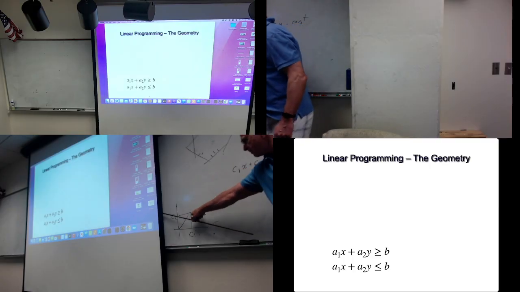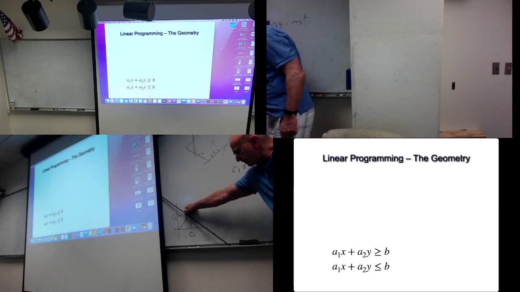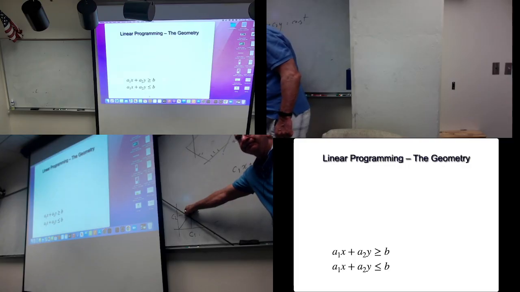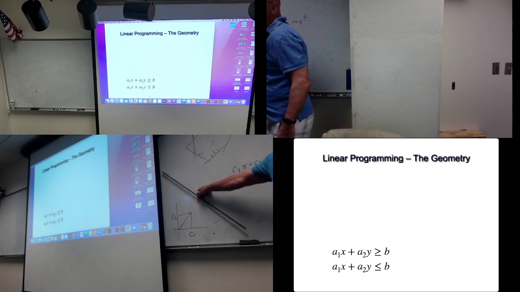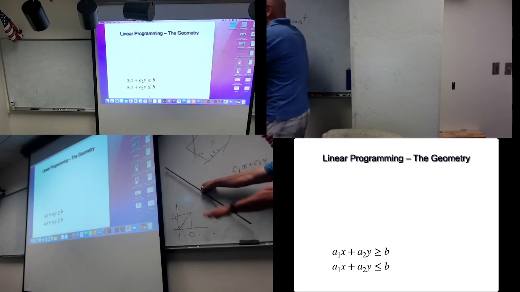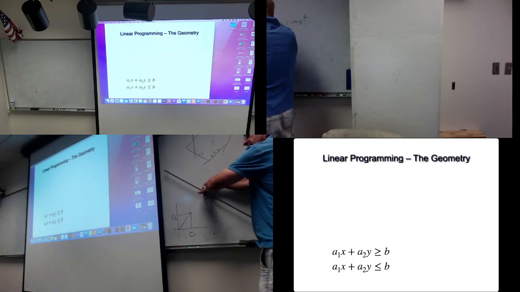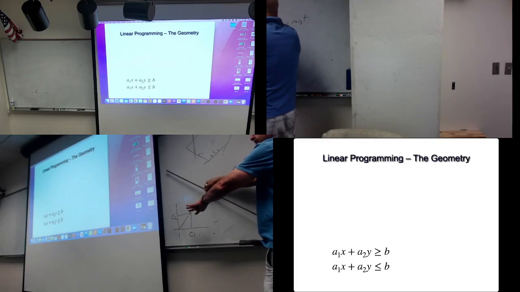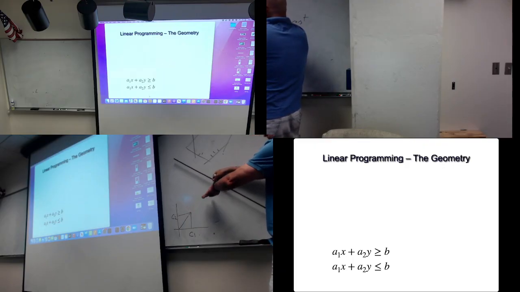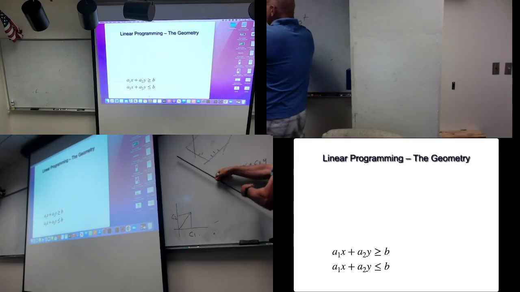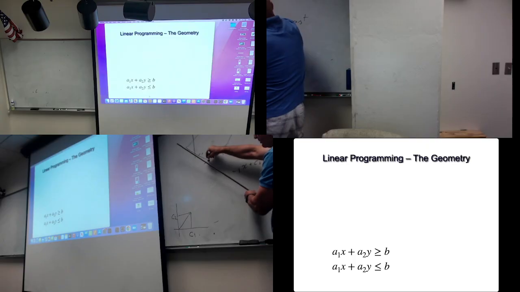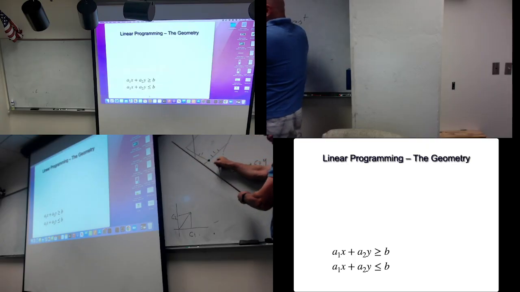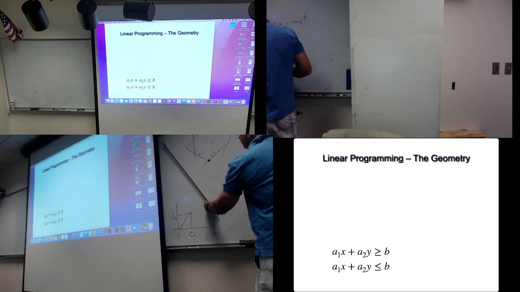I can take my stick, put it orthogonal to this line, orthogonal to this vector, and now start shifting my line parallel to itself. That is, if you remember, all the affordable diets were all below this line, and as I increased my budget, this line contains more and more points, more and more diets, until at some point it hits one of the vertices, not necessarily the lowermost one, depending on what's the direction of the vector.